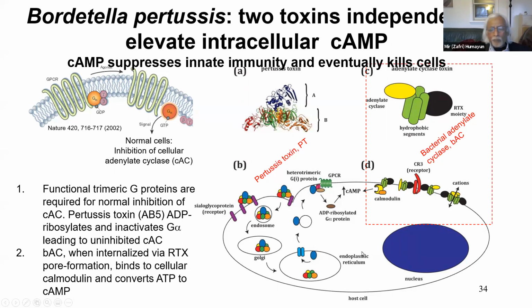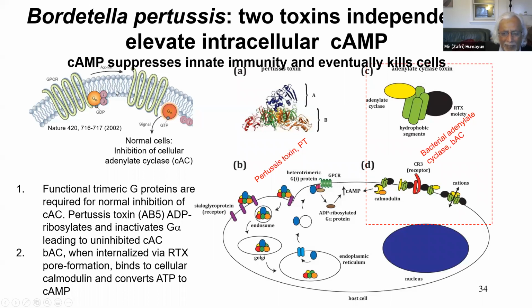Now, the same result, that is elevation of cAMP, is also achieved by the pertussis toxin, which follows a more complicated route to achieve cAMP elevation, and that route is shown on this side of the diagram.